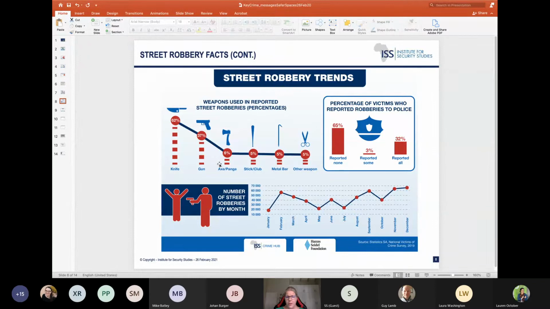What is more shocking is that despite the 83,000 street robberies reported to the police, more than 65%, now with the latest victims of crime survey around 60%, of street robberies are never reported to the police. So the number is more than double that. We're probably looking at around 200,000 a year, and there might even be more than that. And we also see that traditionally they peak in November, December.